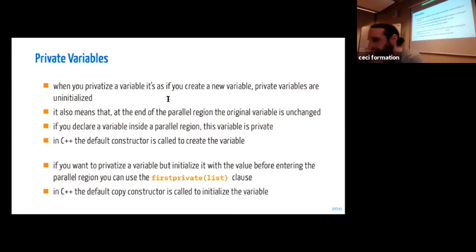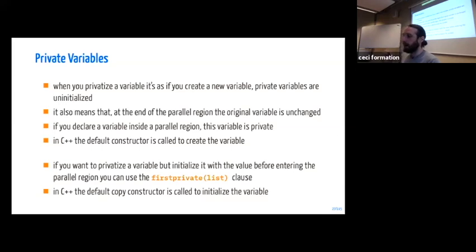So about private variables, when you privatize a variable, it means that you create a new variable, and it basically behaves as a new one. It's uninitialized, so it doesn't take the value that was present in the variable before the parallel region. You create a new one, and it's uninitialized until you set it in the parallel region.